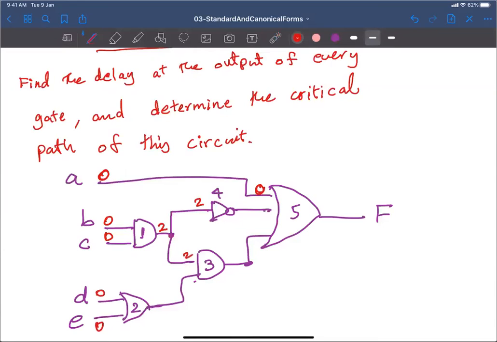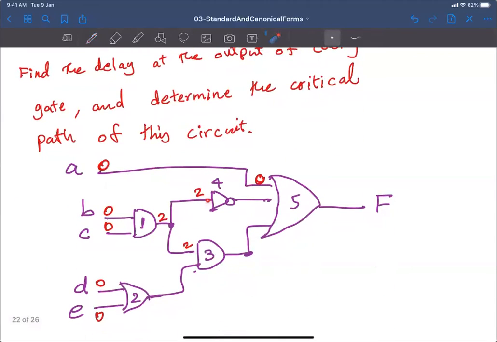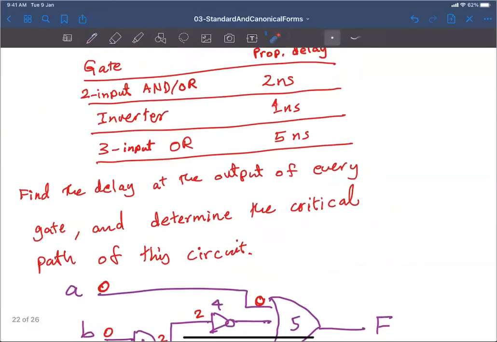Now, we want to find the delay of this inverter. According to this table, the delay from its input to its output is just 1 nanosecond.